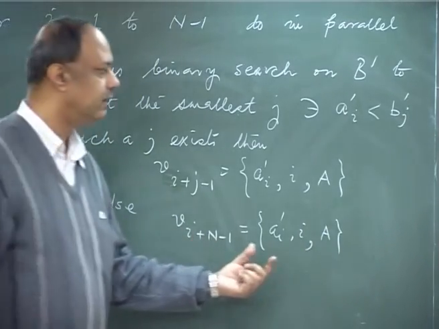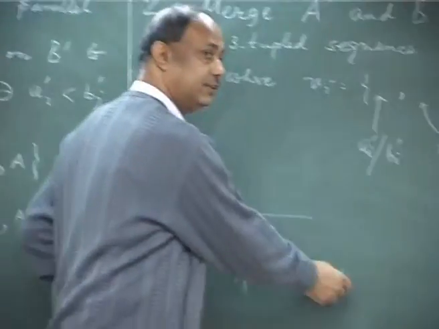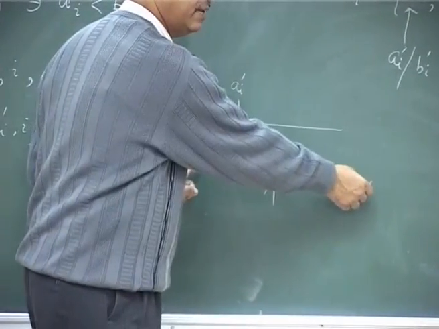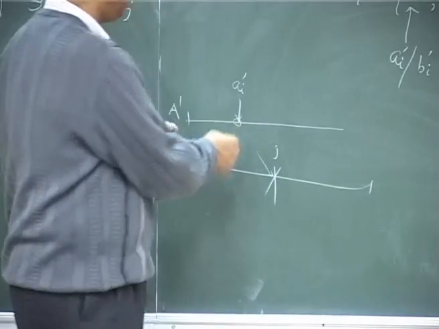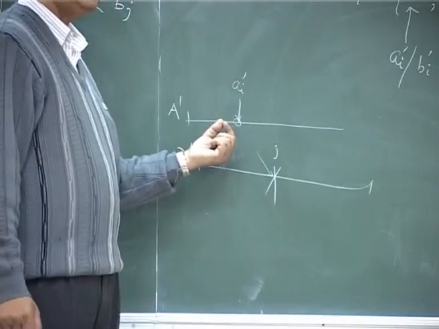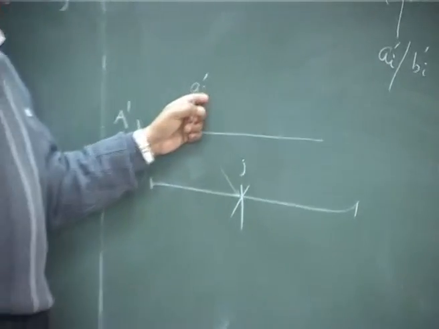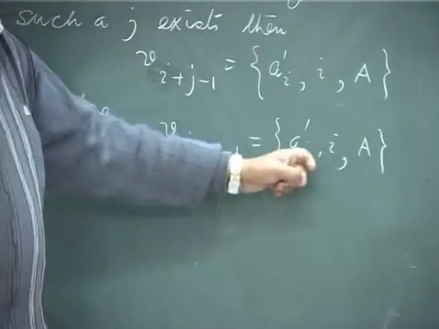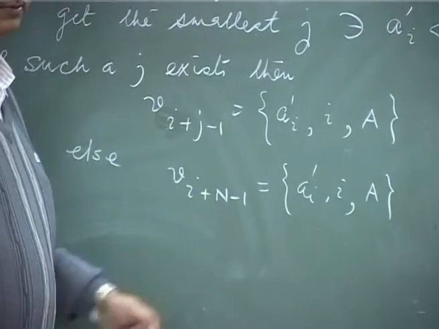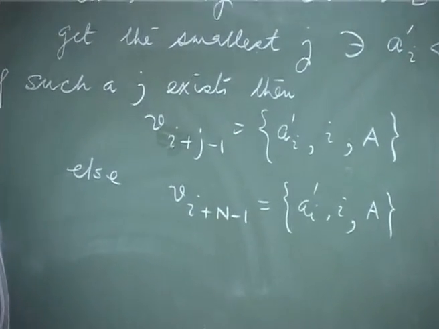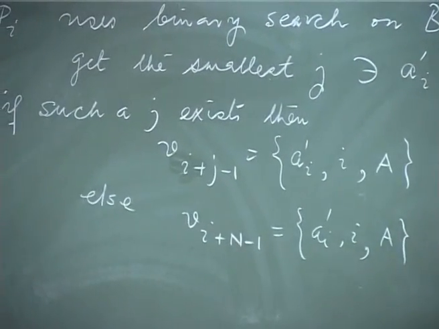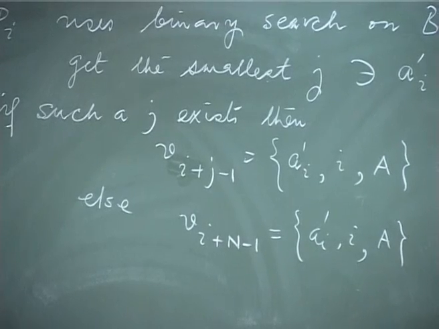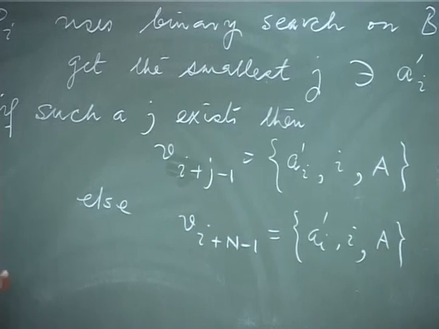This will occur if all these elements are smaller than this. That means n minus 1 elements plus i minus 1, that many elements are smaller than A_i dash. So the position of A_i dash will be i plus n minus 1. Agreed? It's a simple binary search, and then you are inserting in V.